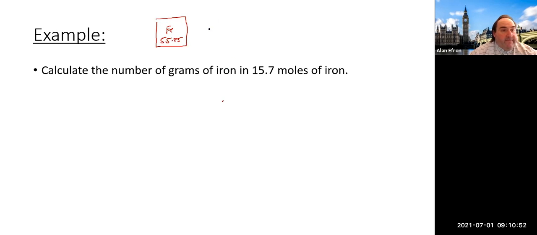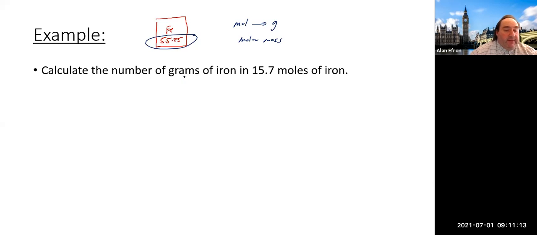First off, I do not need to use Avogadro's number here because there's no mention of molecules or atoms or anything like that. We're going from moles to grams, and that is the molar mass that allows us to do that, the molar mass from the periodic table.